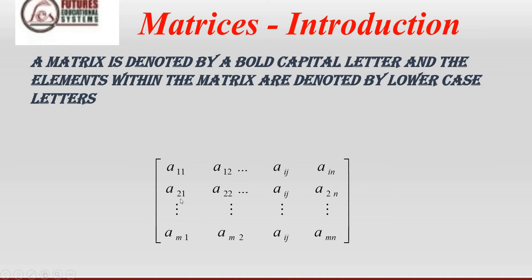A21 represents the second row and the first column. A22 is the second row and the second column. You have to start from the row and then the column.